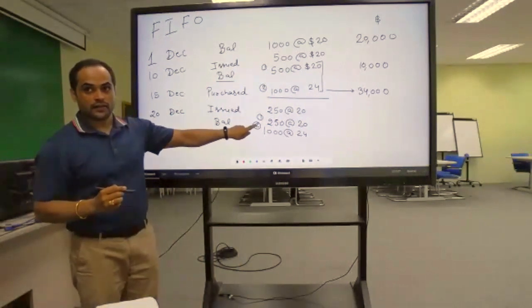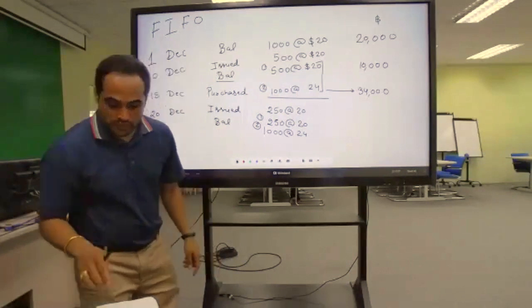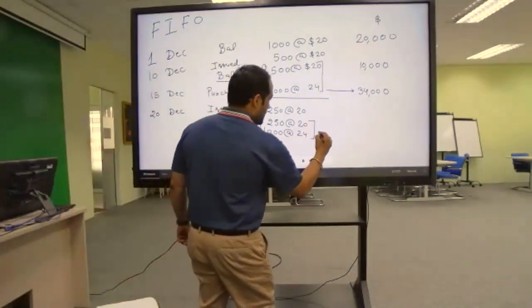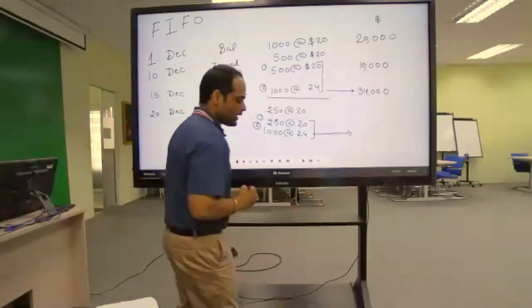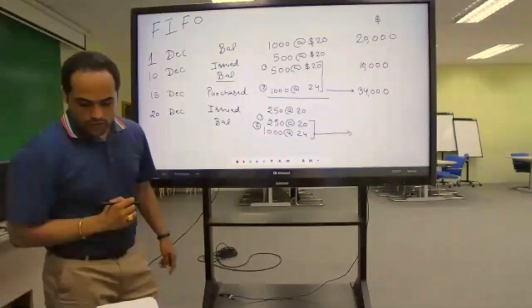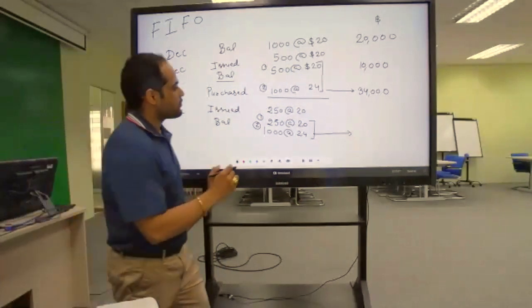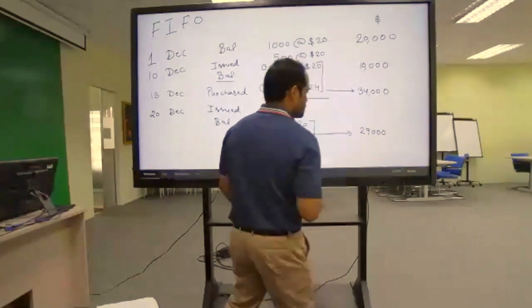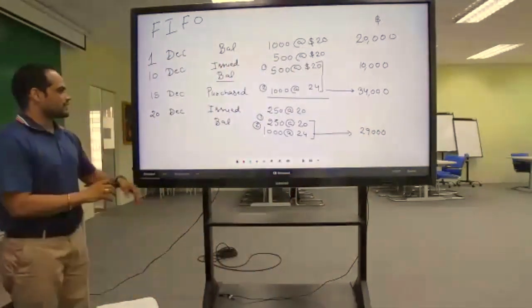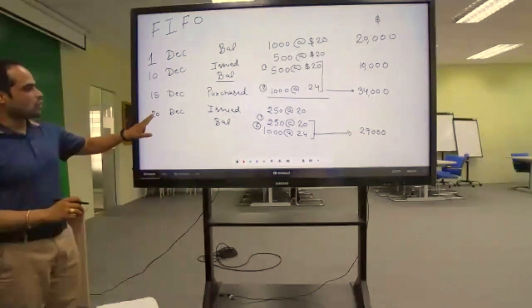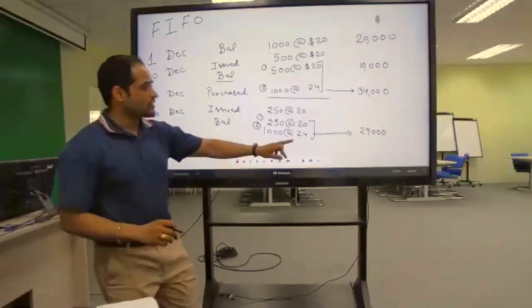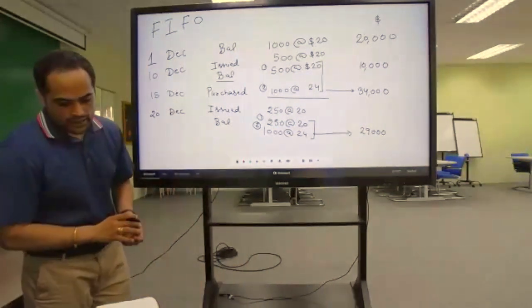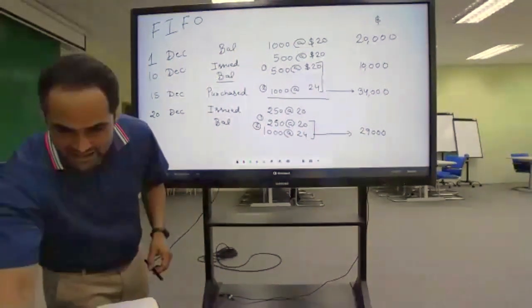So the balance will be 29,000. The balance of raw material on 20th of December was 29. All right. Now, next is 26th December.